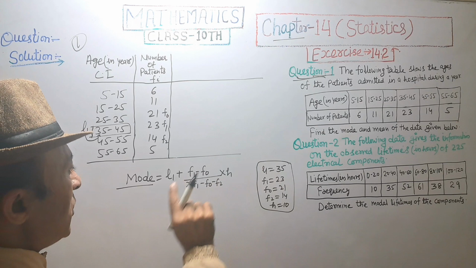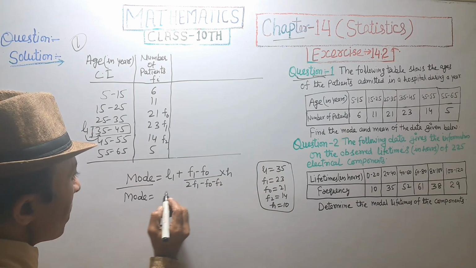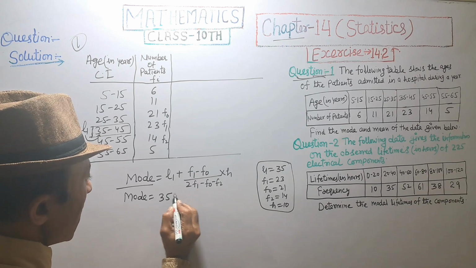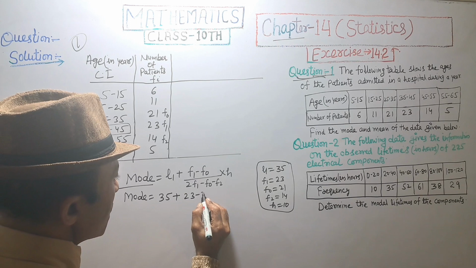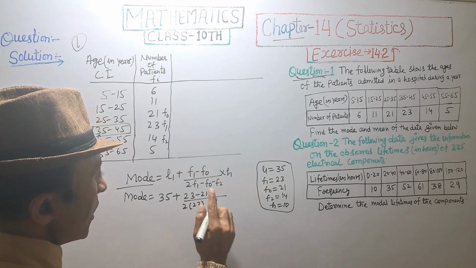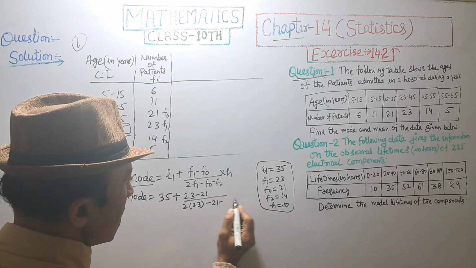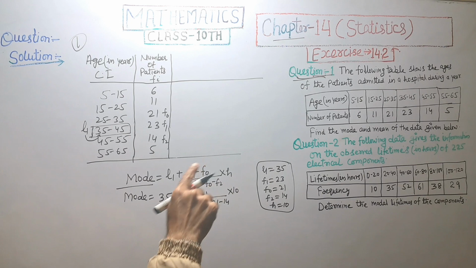Putting all these values in this formula, mode is equal to 35, L1, plus F1 23 minus F0 21 divided by 2 into 23 minus F0 21 minus F2 14, multiplied by H, which is 10.